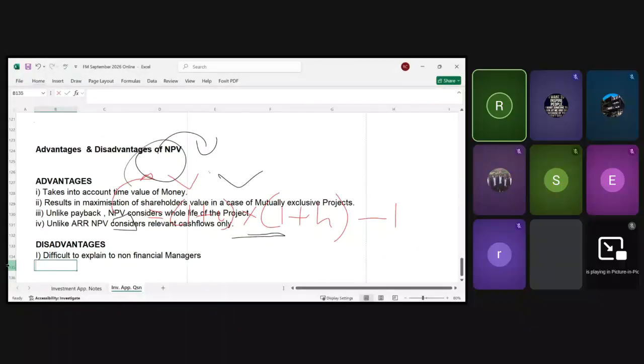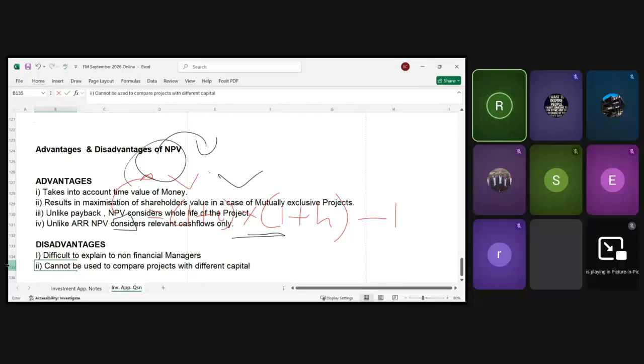Number 2, another disadvantage: it cannot be used to compare projects with different capital base.